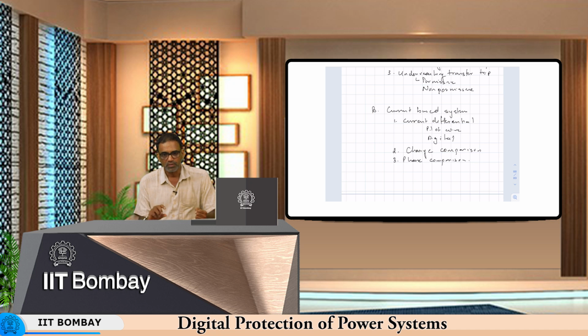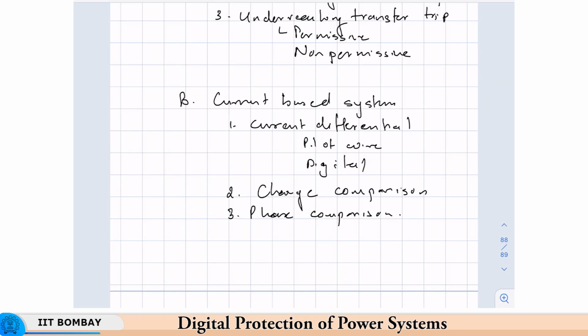Now, this could be done in various ways: send the information of a single phase, or send a composite phase, or send two phases, or send each phase, A, B, C, differently. The most accurate one, of course, was the segregated phase. But again, we are not discussing all that in detail today. I have just given an overview for the sake of completeness.